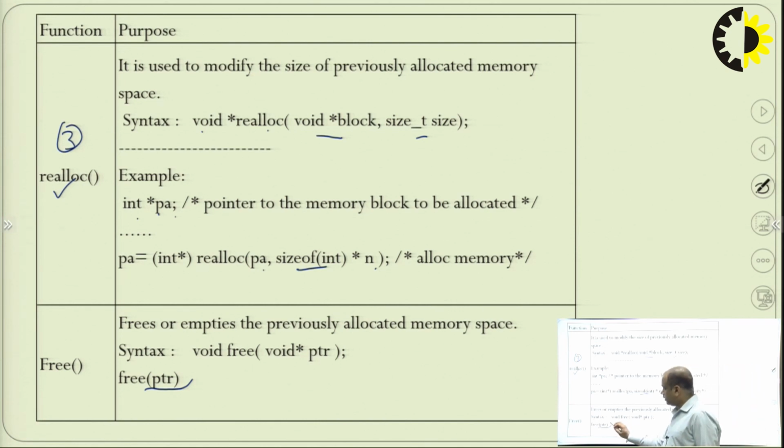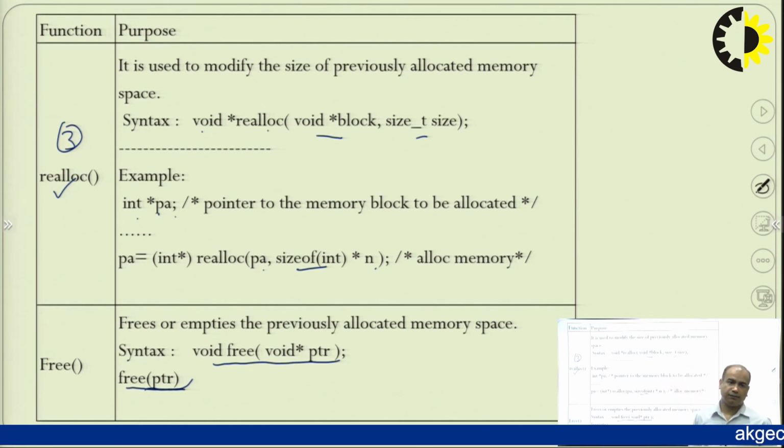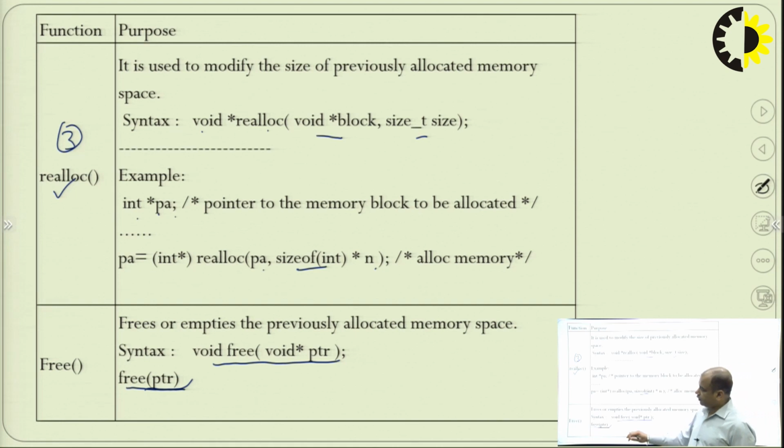Once we use free and give the pointer name, it automatically deallocates the memory space. As we know, C does not have automatic garbage collection. So if we allocate any space or memory, it is our duty to deallocate it. For deallocation, we use free.